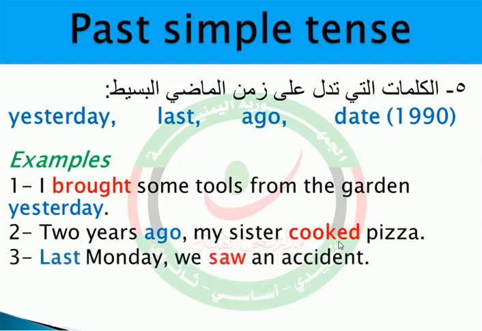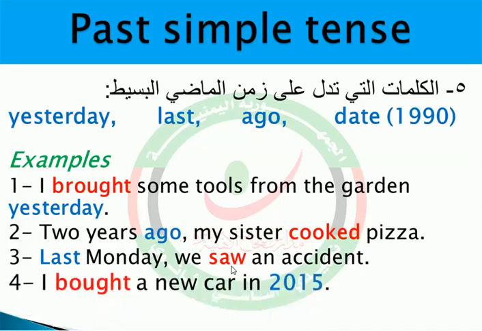The third example is, last Monday, we saw an accident. So, saw here is the past of see. The fourth example is, I bought a new car in 2015. So bought here is the past of buy.